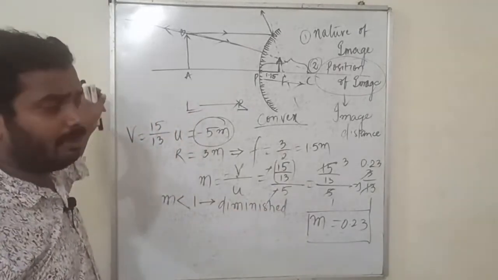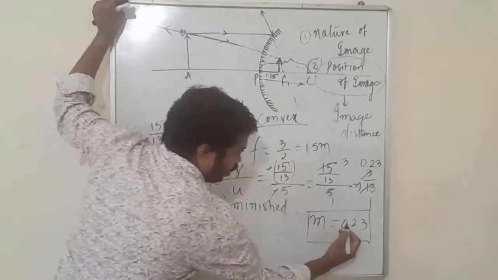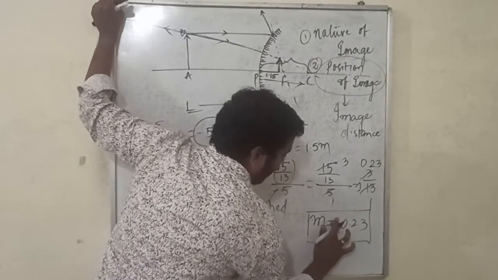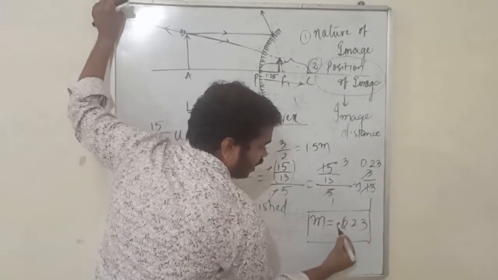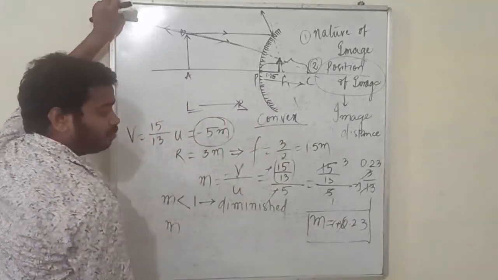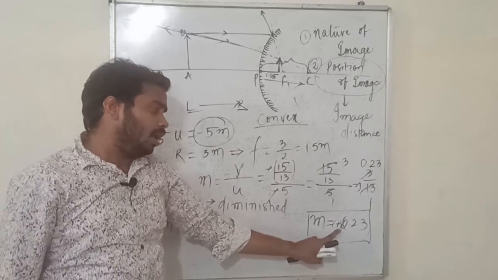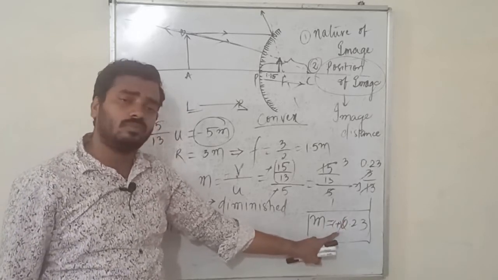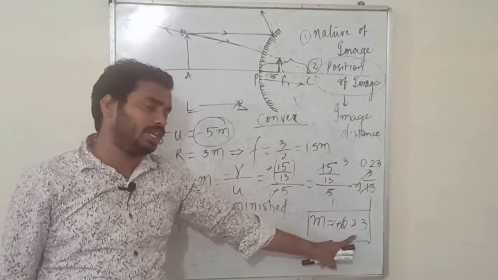Image is diminished. Remember, if m is positive, that's what I told you. Whenever you obtain any magnification value, you try to separate the value and the sign. And from the sign we are going to interpret some nature, and from the value you are going to interpret some nature.